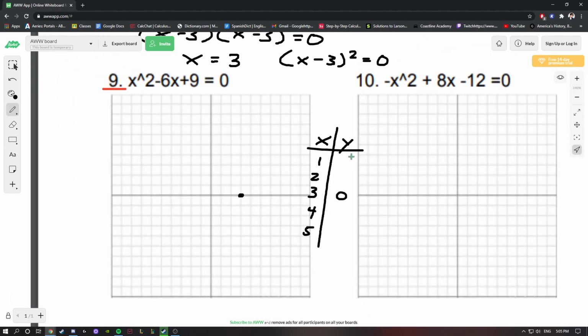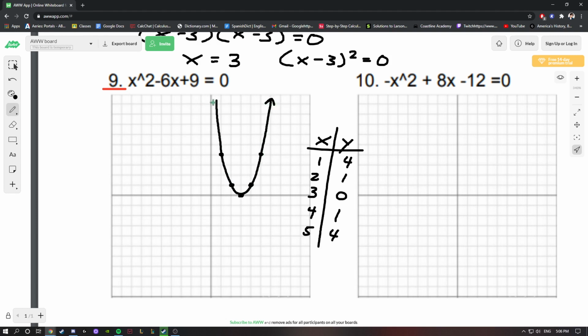And this one should be 4 and 4. Okay, there we go. So we have 3, 0, 2 comma 1, which is right here, 4 comma 1, which is right here, 5 comma 4, and 1 comma 4. 1, 2, 3, 4. Right here, and then we could draw our curve.